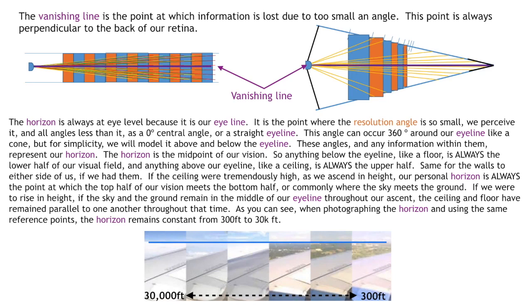This angle can occur 360 degrees around our eye line, like a cone, but for simplicity we will model it above and below the eye line. But again, you can look at it from the top down, from a 45-degree angle, from a 90-degree angle, from a 270-degree angle. It's still going to be the same angle. But for simplicity, we're going to be looking at it as if you're looking at it from the side of the head.